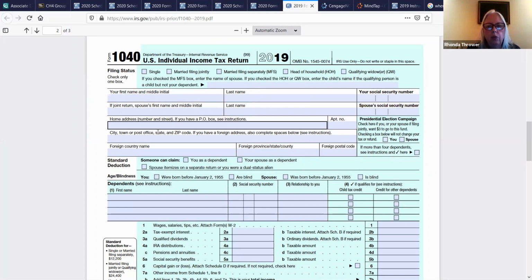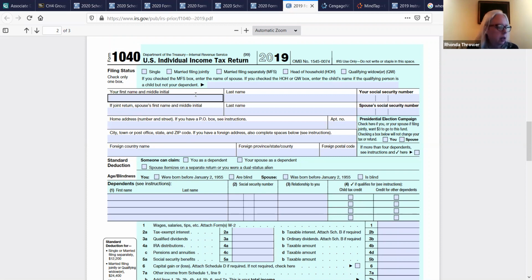And this is where you would fill out all the information that was given in the problem. I don't want to take time to do all of that, but all this comes from the problem. There were no dependents for this particular person, and so none of that would be filled in.